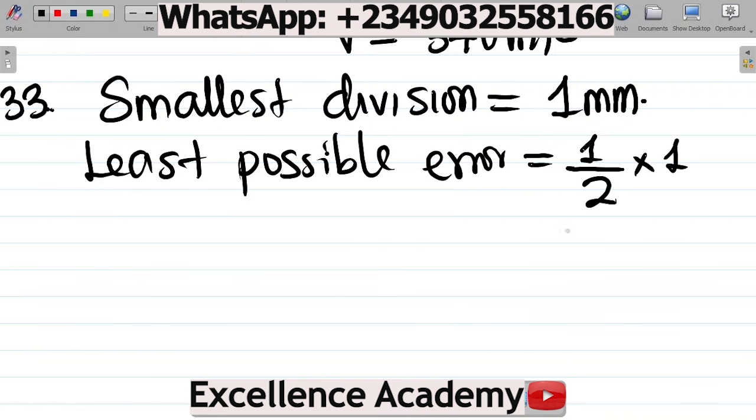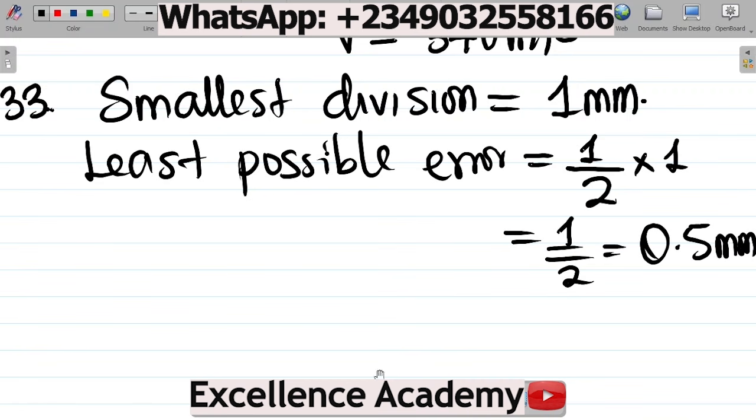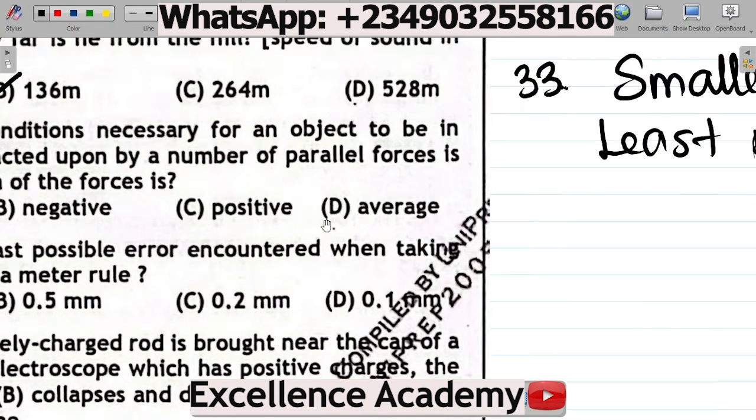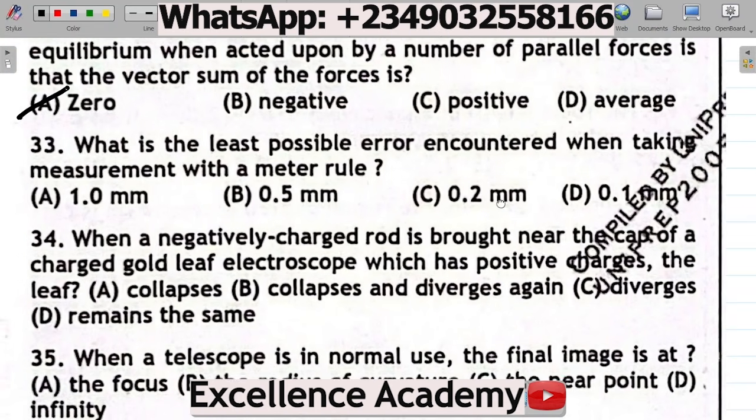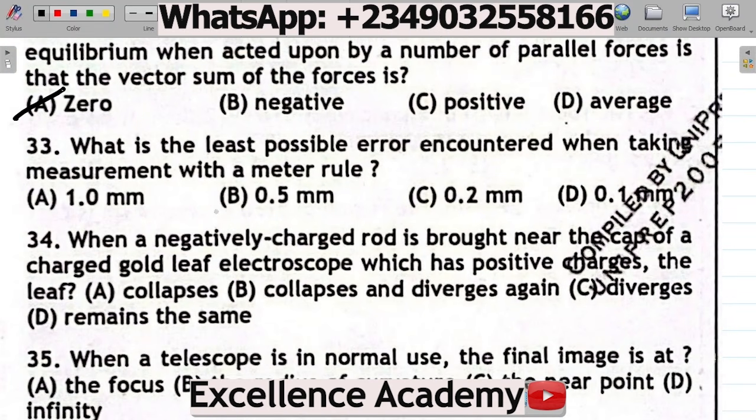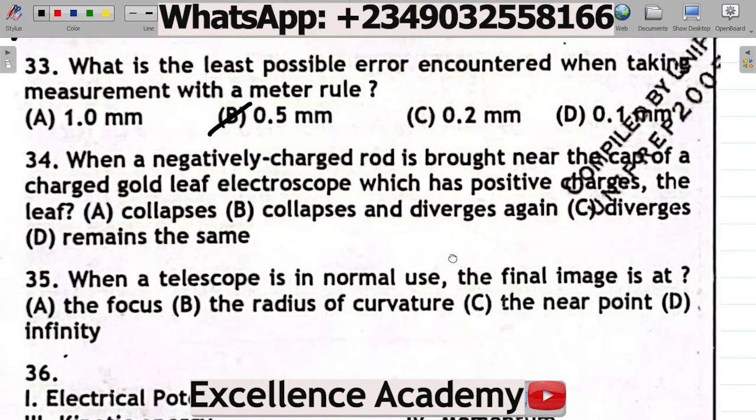So half of 1, and that's equal to half, which in decimal is 0.5 of the unit millimeter. So the correct answer there should be 0.5 millimeters. Looking at the options there, that is option B. So option B is the correct answer.